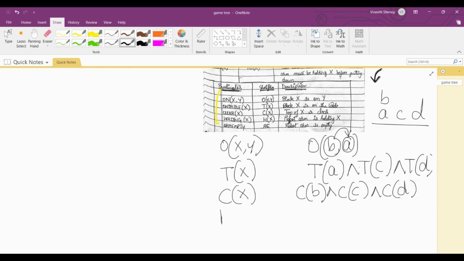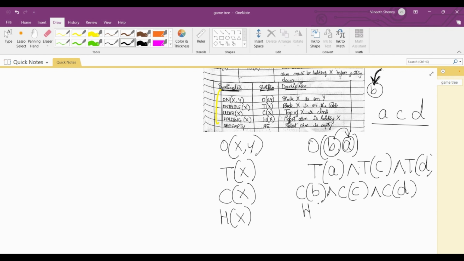Then we have holding of x, that is H of x. Holding of x means, as you can see, there is an arm over here. It can carry one block at a time. In case I have to pick up B, that means the arm is holding B. So we define this with H of x.